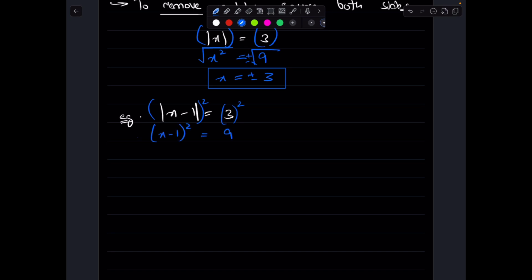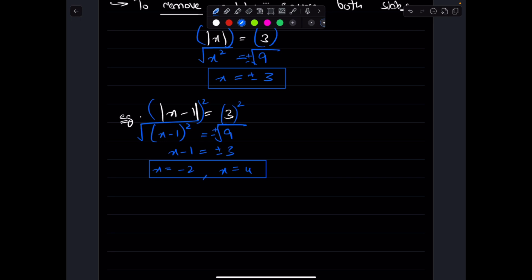So now I'll square root both sides, and I'll get x minus 1 equals plus minus 3. And this gives me two values of x, which are x equals minus 2 and x equals 4.